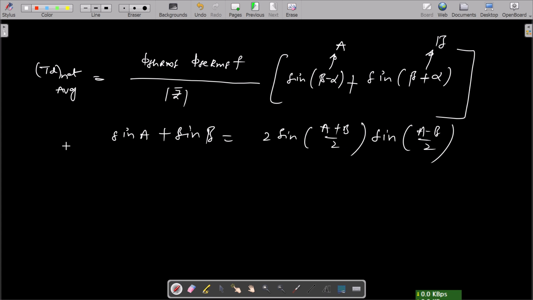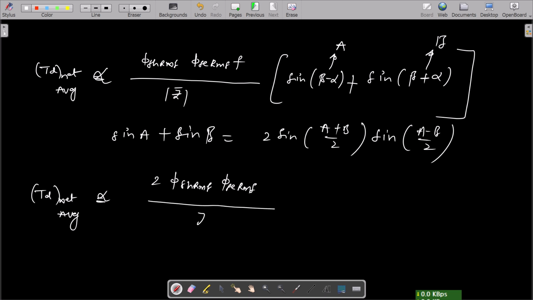Now by applying these things we will get TD net average directly proportional to 2 phi sh RMS into phi sc RMS by mod z into sin beta into cos alpha. Okay, this is the thing we have got.